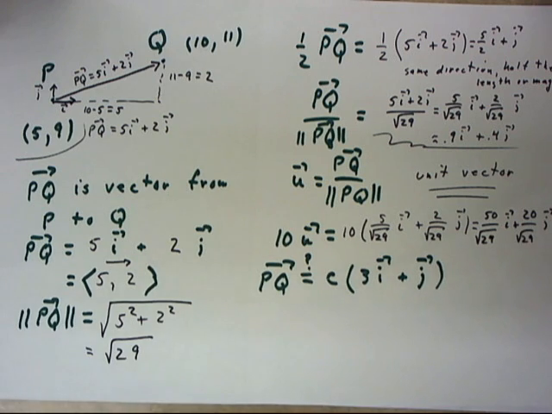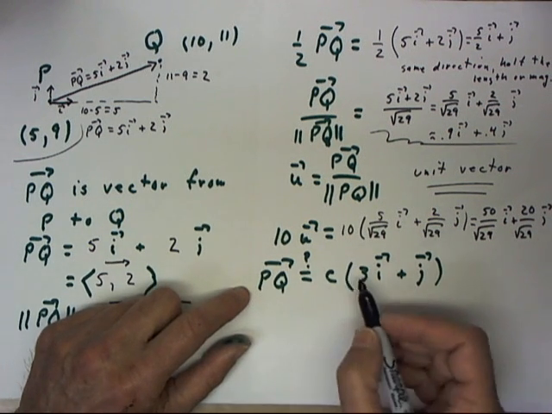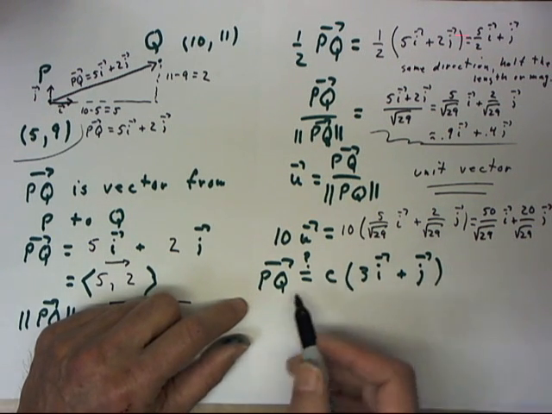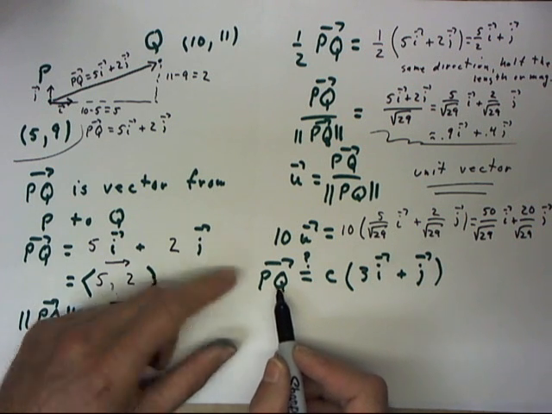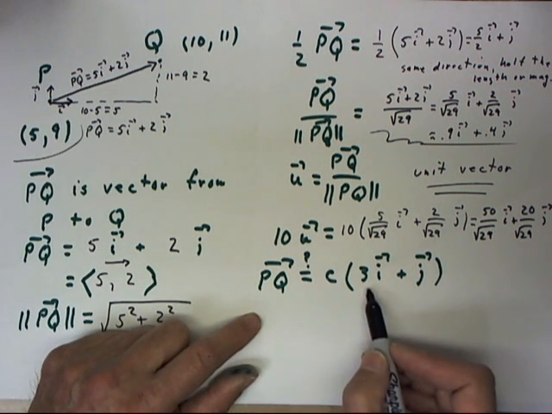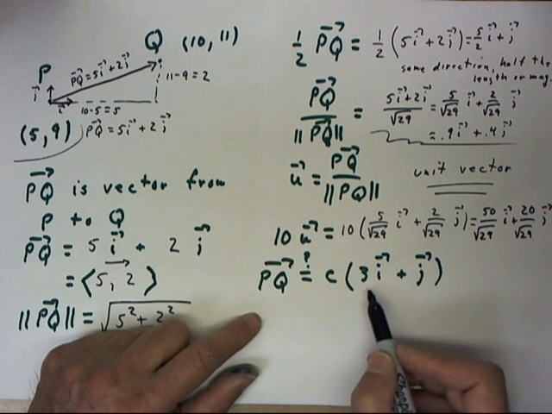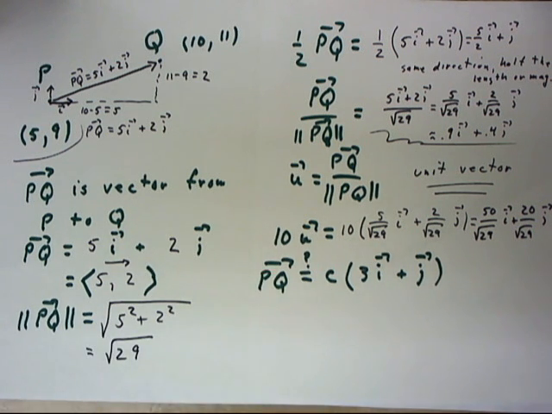Now we ask the question: is there some constant c such that PQ, our vector here, is equal to c multiplied by 3i plus j?